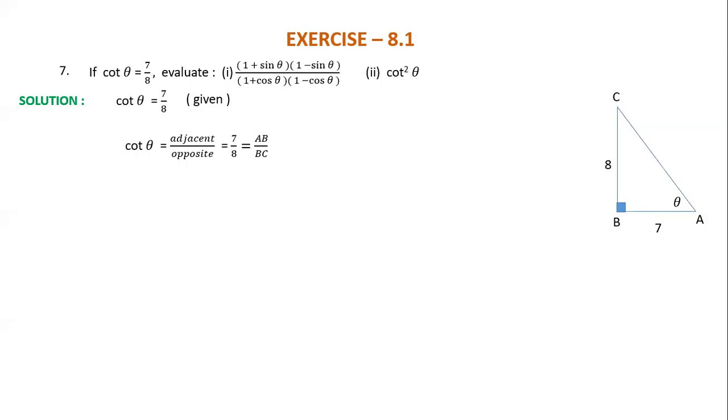Cot means adjacent upon opposite. Adjacent is 7. This is angle theta. Adjacent is 7, that means AB is 7. And opposite is 8, that is BC is 8.